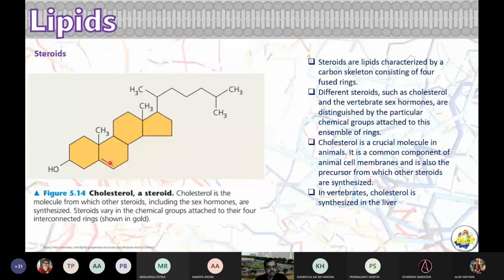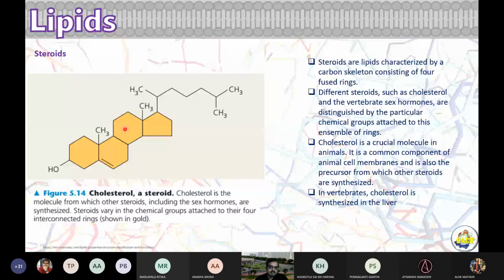But it has a ring sort of arrangement, and usually all steroidal compounds have this kind of arrangement. Cholesterol, the sterol comes from steroids. Steroids, oid meaning sterol-like.